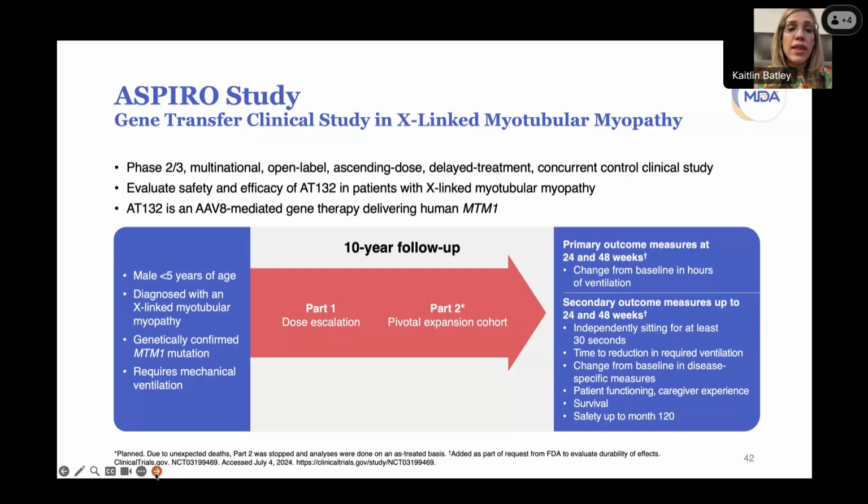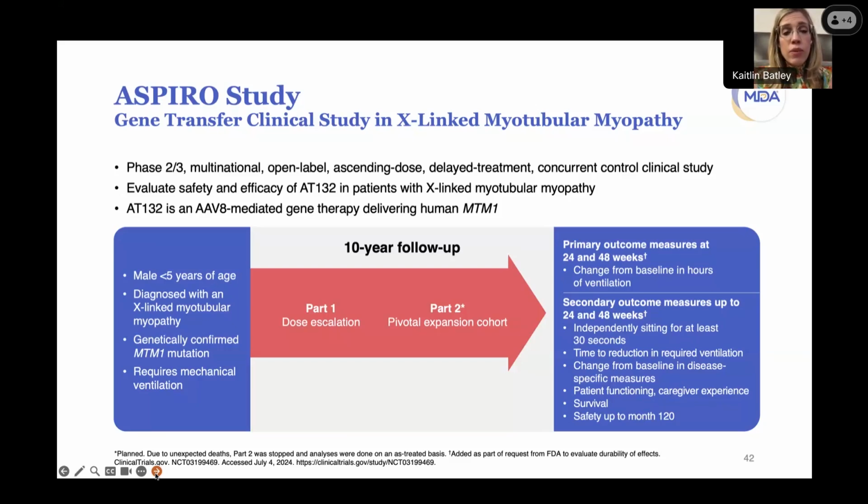And so this looked at the use of a gene therapy. And so what I usually describe that as is the instruction manual for making the MTM1 protein packaged inside of a viral vector. In this case, they used an adeno-associated virus 8 viral vector to deliver this instruction manual to the cells.